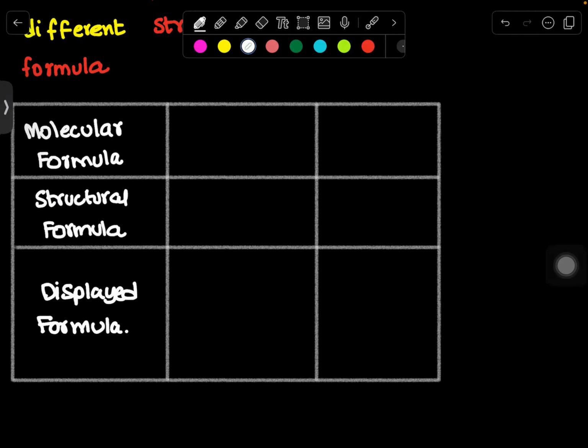Let's look at the table that will help us understand structural isomers better. So we have two compounds with the same molecular formula, C4H10.